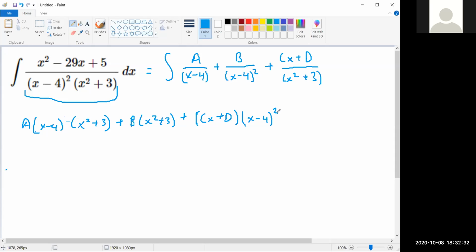Yeah, that looks good. What I did was multiply all the numerators by whatever factor they're missing. And this is equal to the original numerator, x squared minus 29x plus 5.